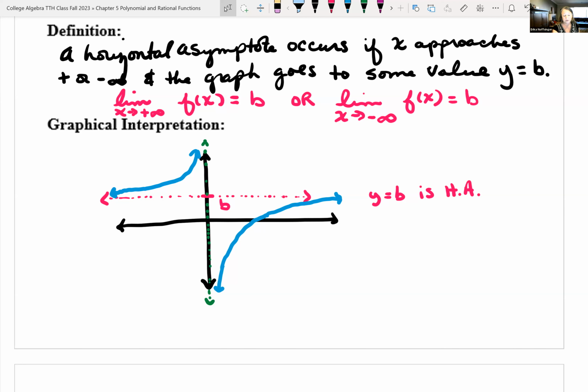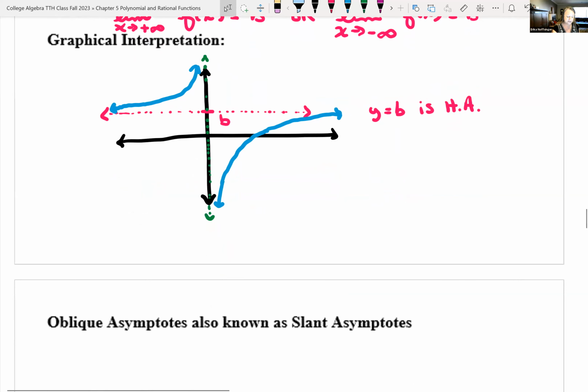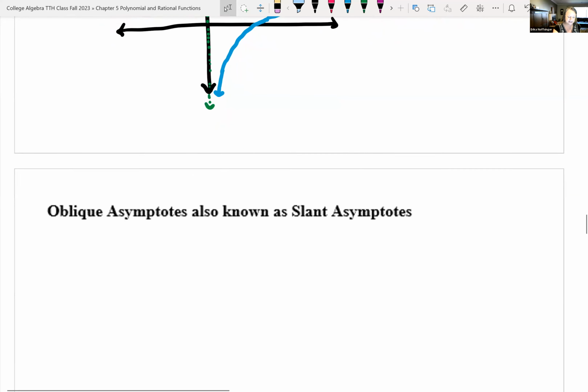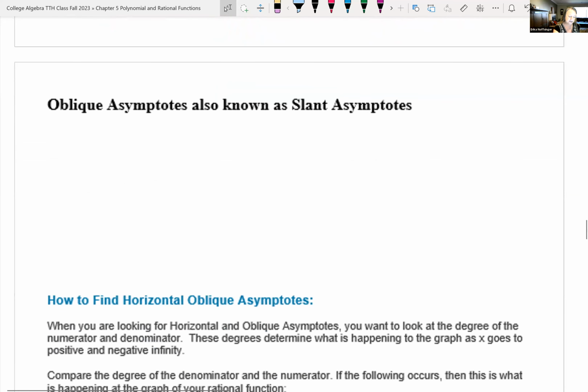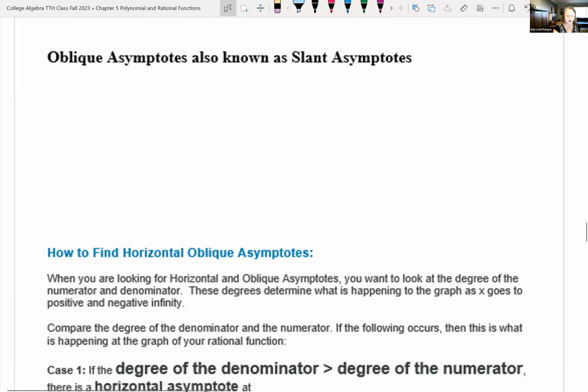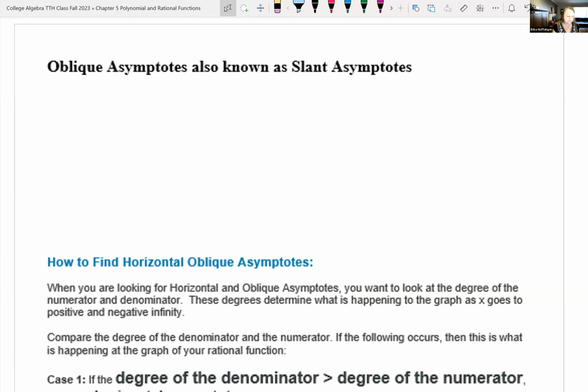I disagree with what the book says. I think that basically you're going to have an oblique asymptote, also known as a slant asymptote, if your graph is going to positive or negative infinity.